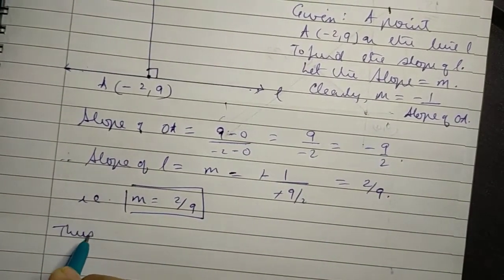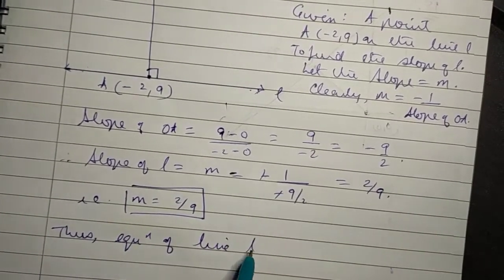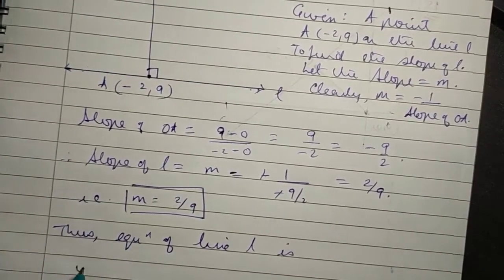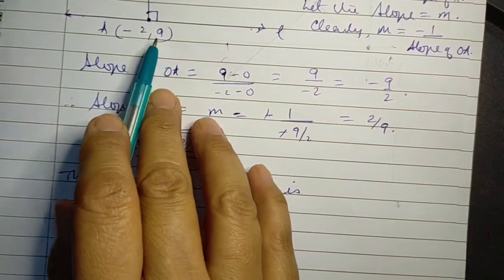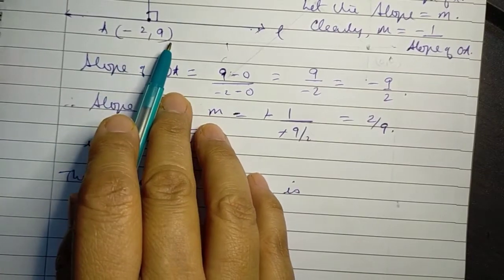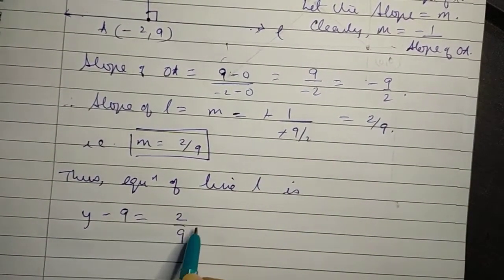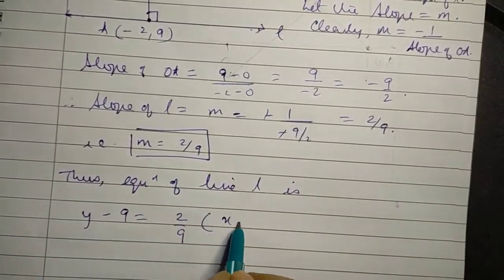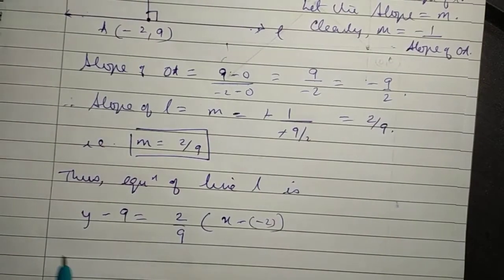So thus the equation of line L is y minus the y coordinate of the point on the line L, which is minus 2 comma 9. So y minus 9 is equal to the slope, which is 2 by 9, times x minus the x coordinate of the point, which is minus 2.